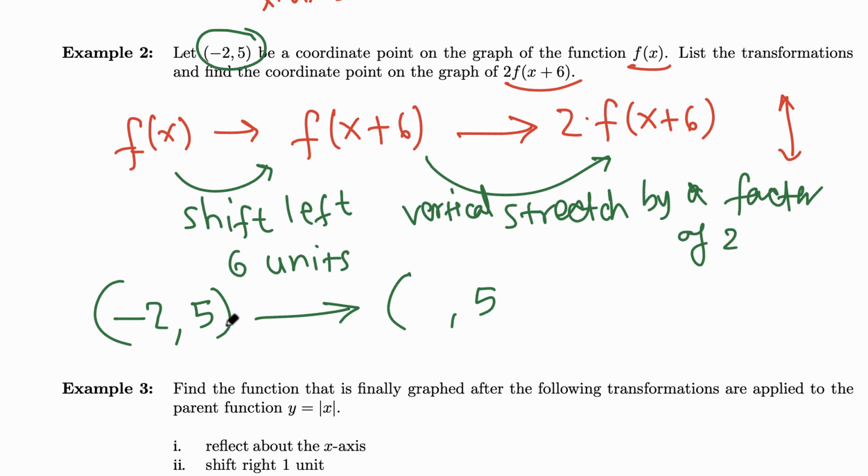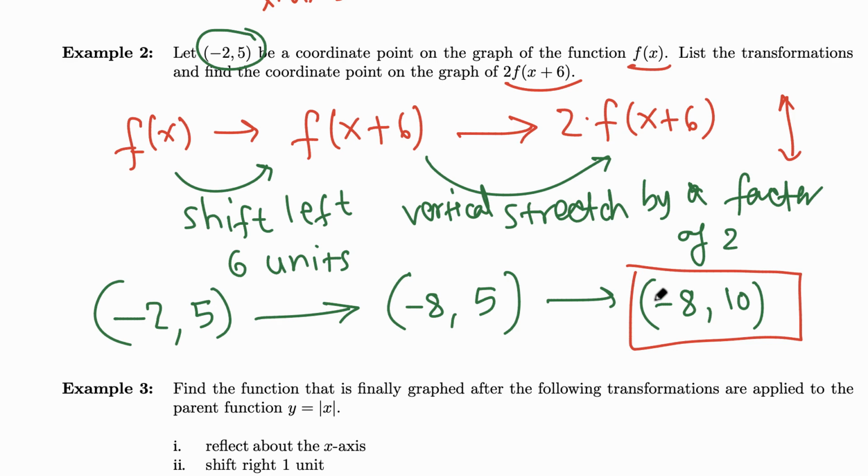So negative 2, move left 6 more units, so negative 8. Then we do a vertical stretch by a factor of 2. That means we multiply the y coordinate by 2. So that will be (-8, 5 times 2), which is (-8, 10). This will be the final point on this graph.